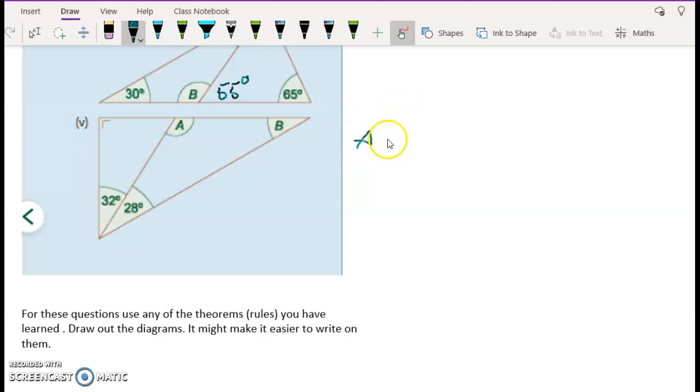So I can say that A is equal to 90 plus 32, which is 122 degrees. Yes? Okay. So A is 122 degrees.